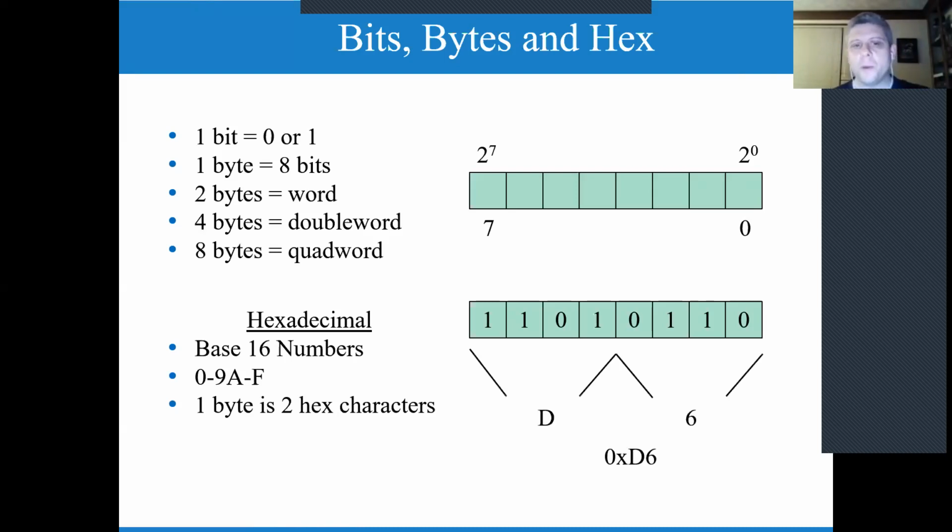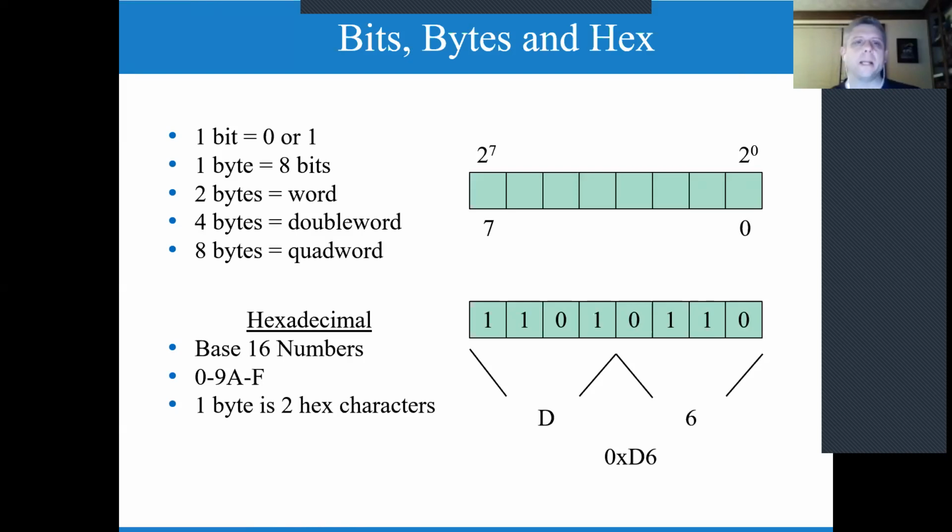Now, each byte consists of 2 hex characters. So if we take those, we have the first 4 bits here on the left. 1101 is, let's see, that's 13, which is D. On the right-hand side, this is 0110, and that is represented with the number 6.